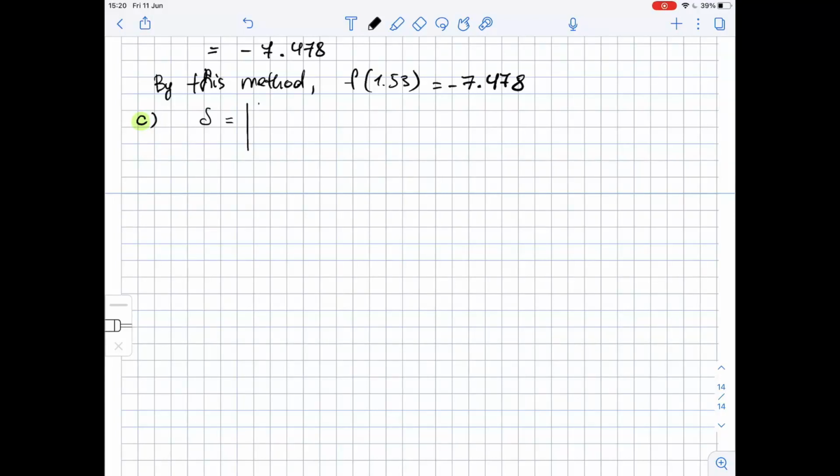It's the absolute value of VA minus VE over VE times 100%.